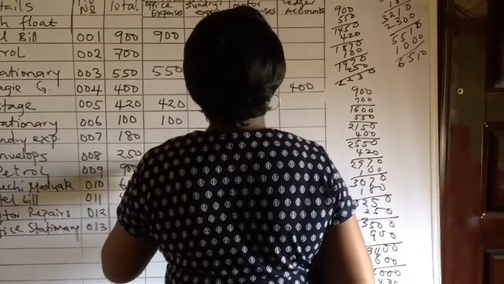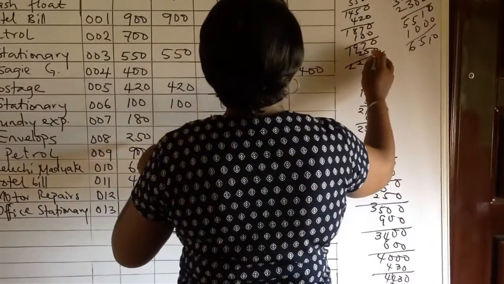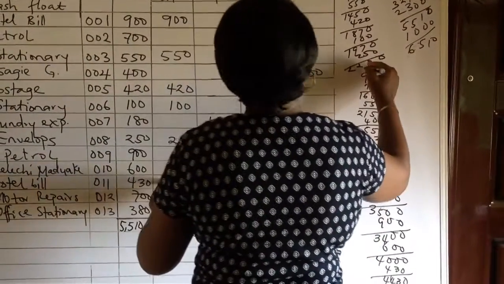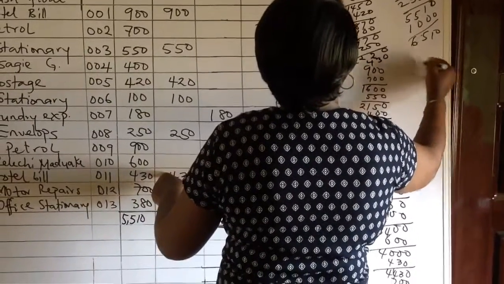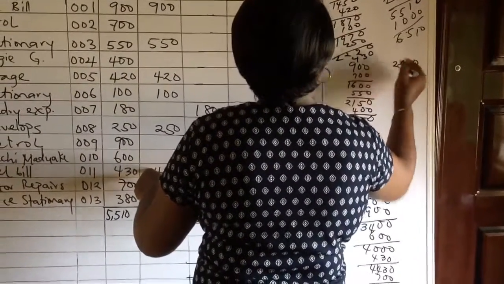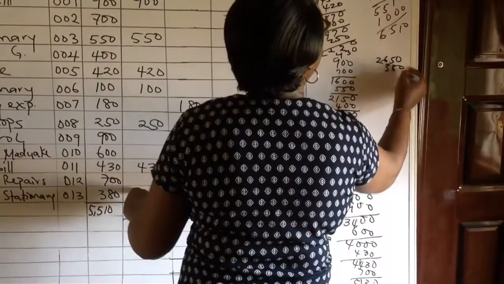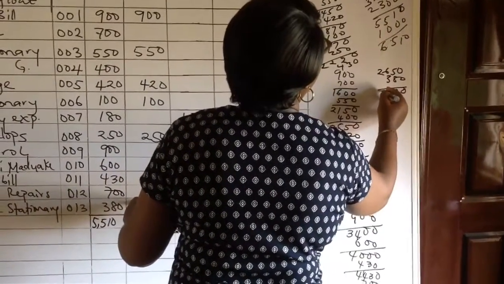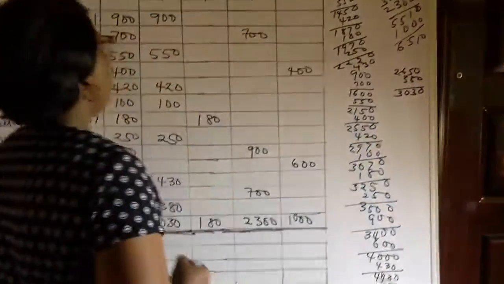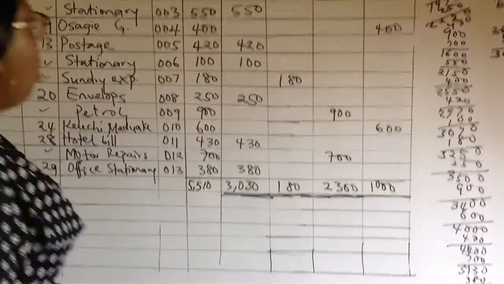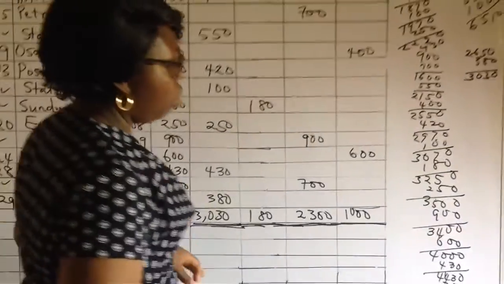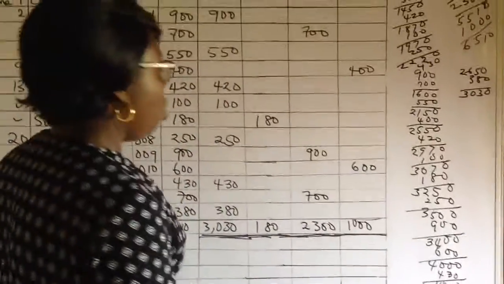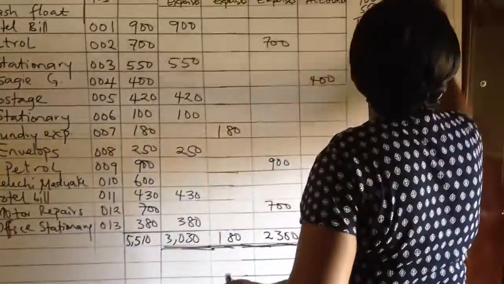Okay, plus 430, plus 380. That means we have to add up this again. Because we've cross-checked all these, they are correct, so we are going to add up this column again and see where the mistake is coming from.